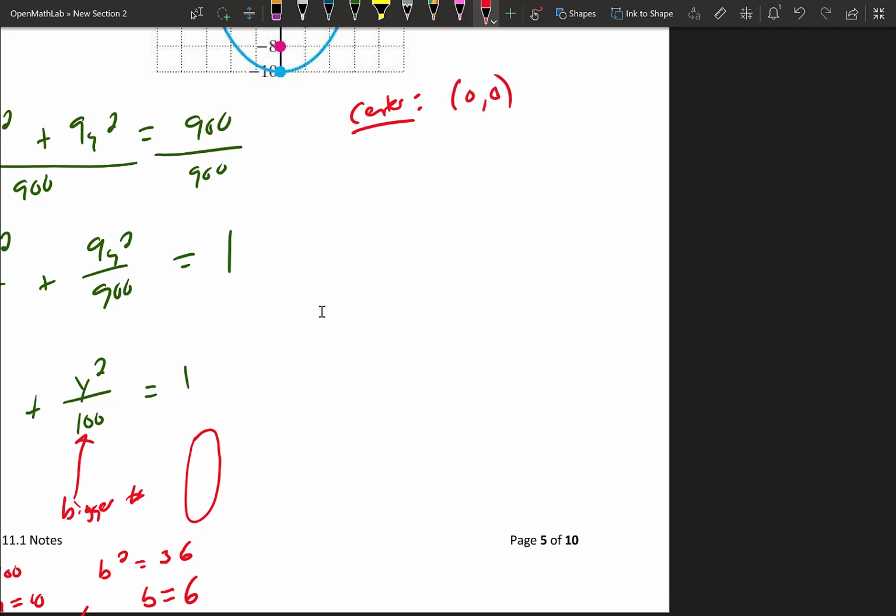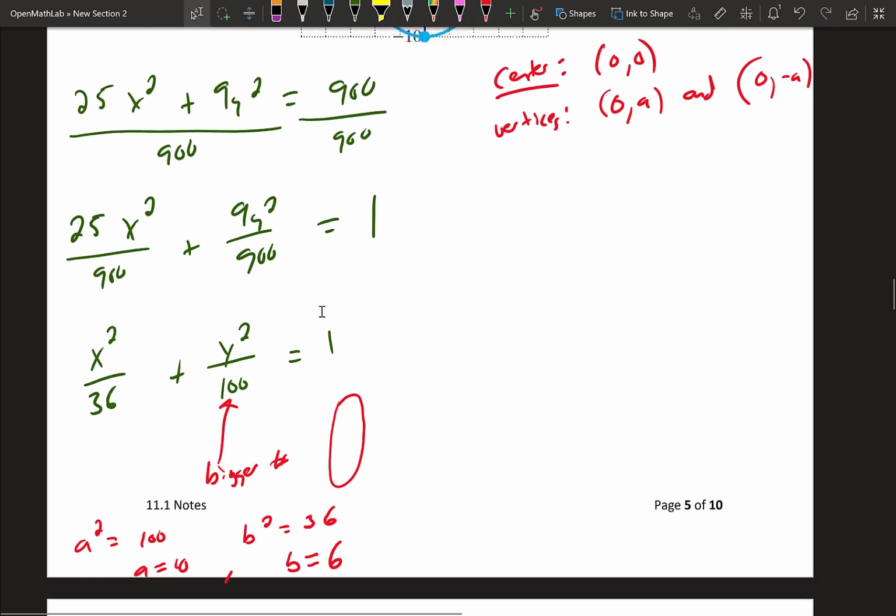The vertices are 0, a, and 0, negative a. So just filling in our value for a, which is 10, that would be the point 0, 10, and 0, negative 10. So then the next thing we're asked to find are the minor axis endpoints.